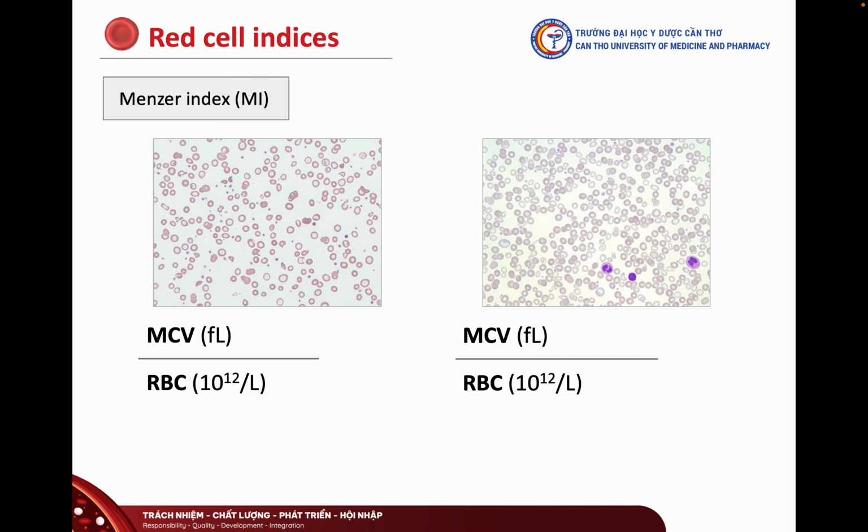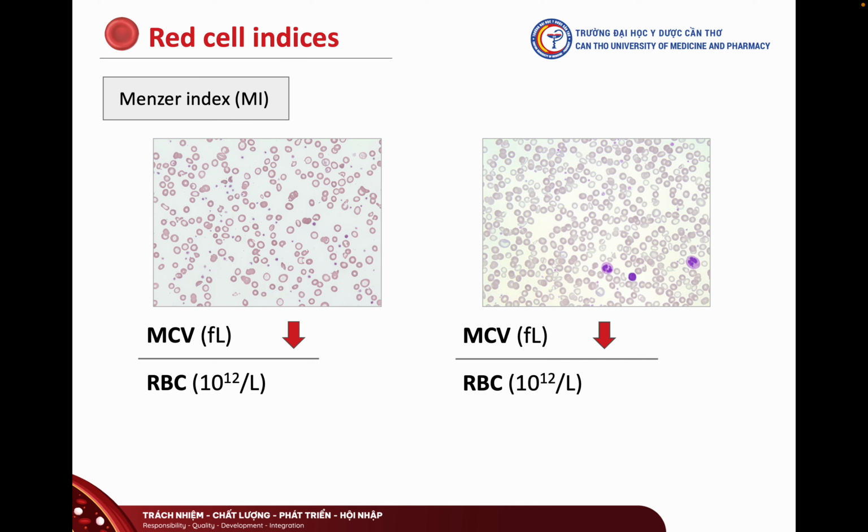On the left, we see small red cells, so clearly MCV is low. Moving to the right smear, our red cells are also small. However, some others look normal, but the MCV is quite low. And now let's look at the number of the red cells.